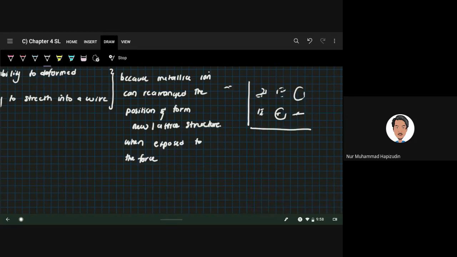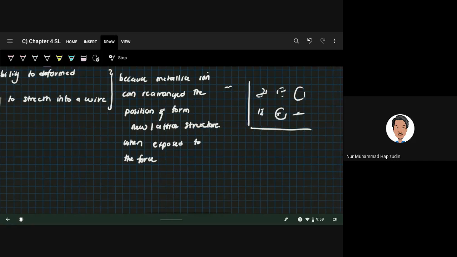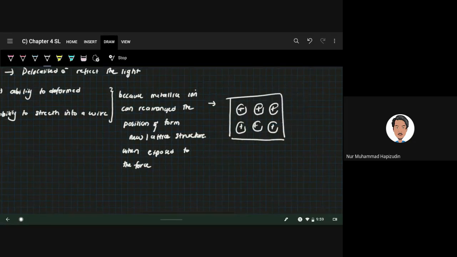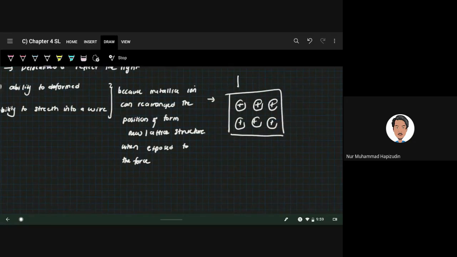Okay, example. Okay, ini metal ion. When it is exposed to the force, it will form new lattice structure.